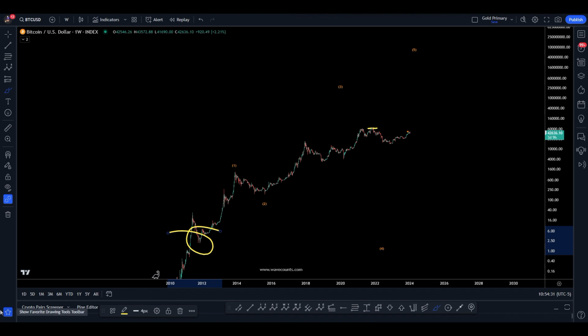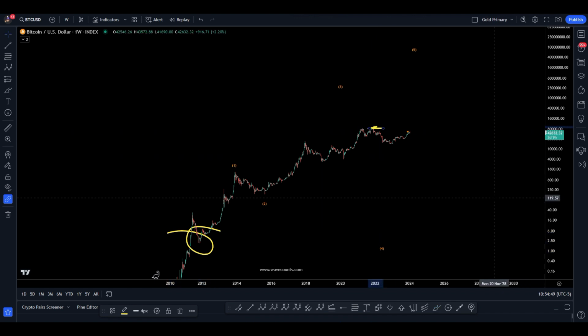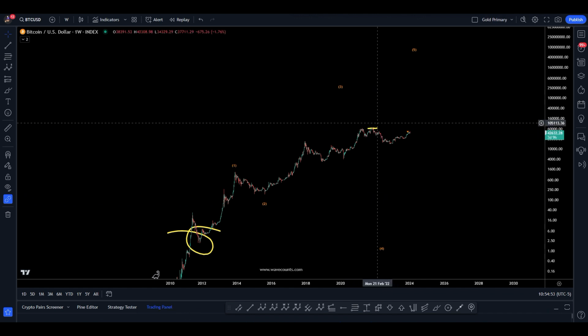The most people, whether it was one sat or a whole Bitcoin or whatever it was, got into Bitcoin right here. You think the market is going to be that willing to give it right back?